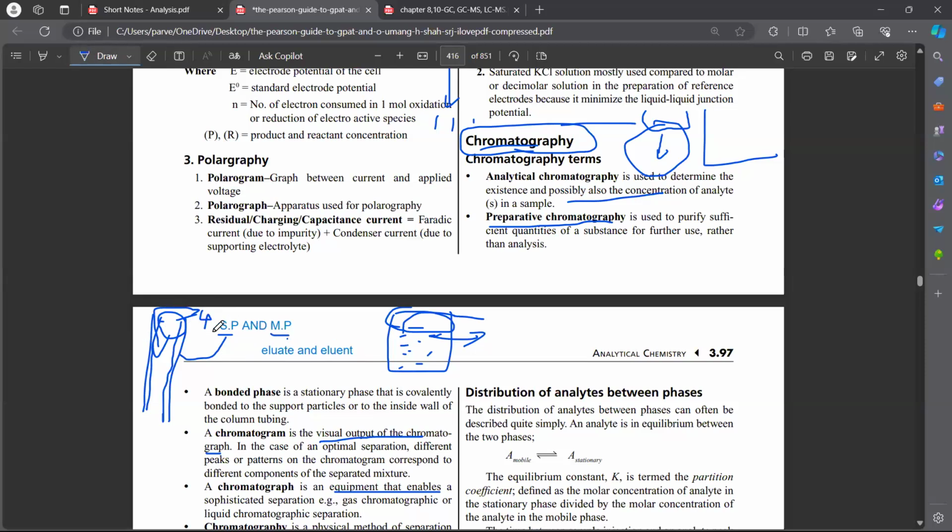When you add it to the column and after separation, you get different fractions of the mobile phase from the column. So basically you elute your column. By elution you get the different fractions of the eluate. Each eluate consists of an analyte from the mixture of sample. So I think these two terminologies have been clear to you guys.